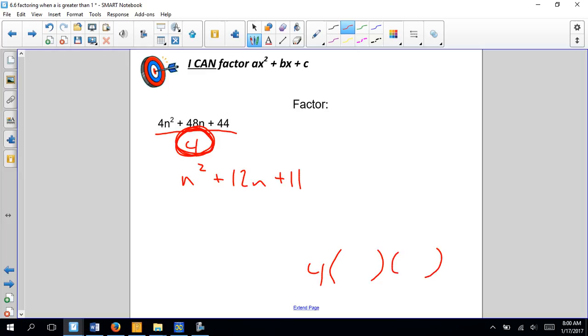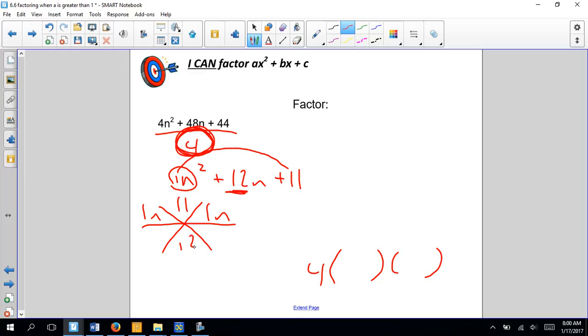All right, so back to my factoring. If I have my trinomial here, I make my x. All right, I have just that n squared, so I'm going to write 1n on here for both of them. I know that's what's going to start both my factors. And a times c, so 1 times 11 is 11. My b term is 12.